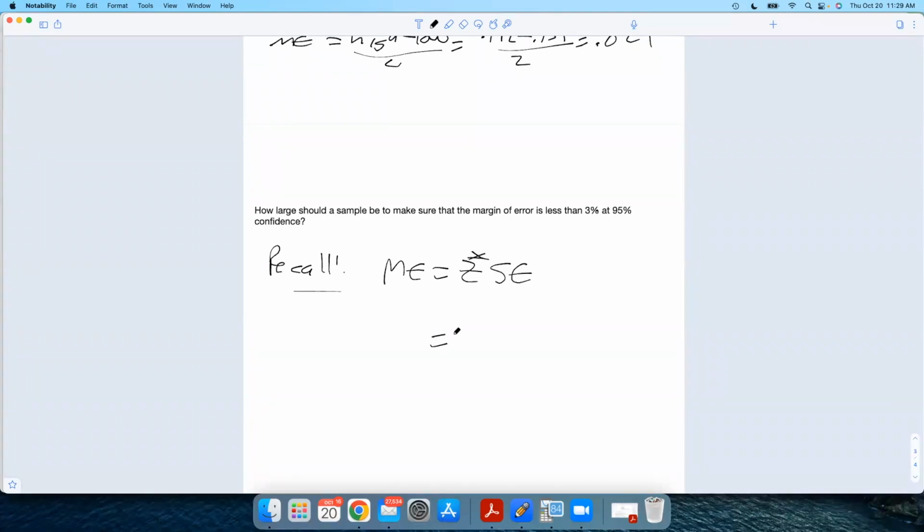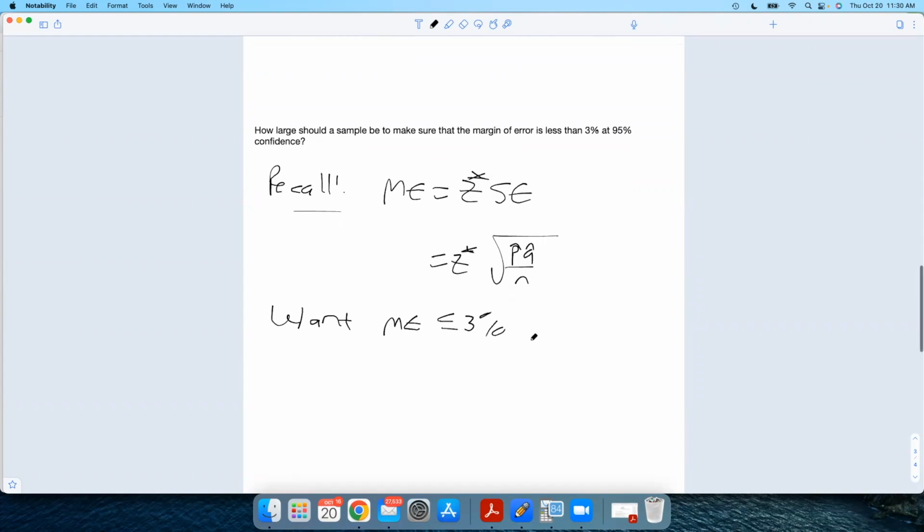And the standard error is the square root of p hat q hat over n. So we want the margin of error to be less than or equal to 3%, or 0.03. So we're just going to solve this for n.